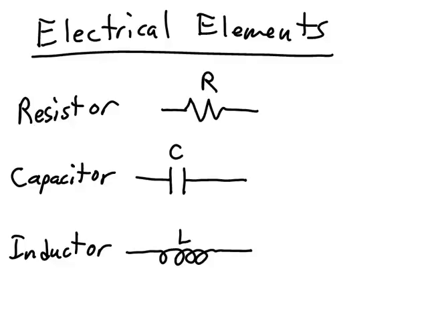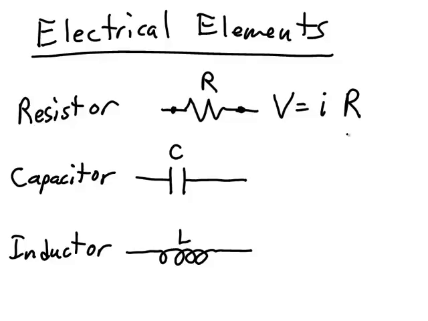Let's look at what equations we know for each of these individual elements. First, with the resistor, we have an equation for the voltage lost across the resistor. And this equation, as you may know, is V is equal to the current times the resistance.